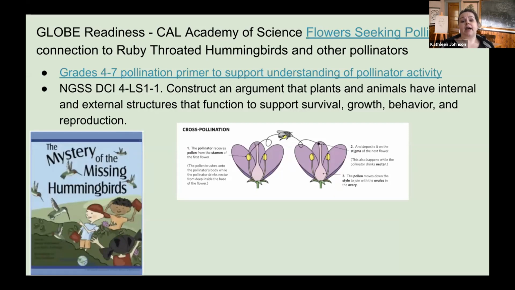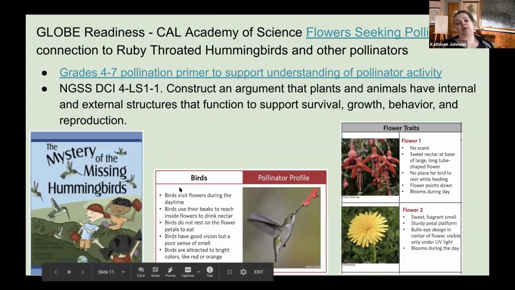California Academy of Science has an activity called Flowers Seeking Pollinators, and this is a wonderful readiness activity for looking at something like the Globe Ruby-throated Hummingbirds Project, or looking at any other pollinators. This is geared more toward grades 4 through 7, but in this activity, students become a pollinator.